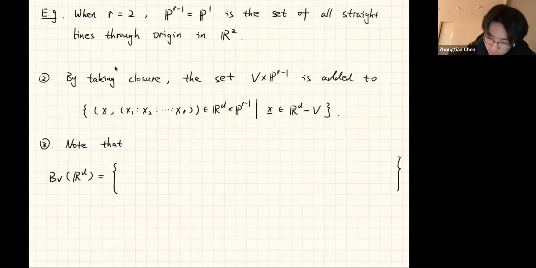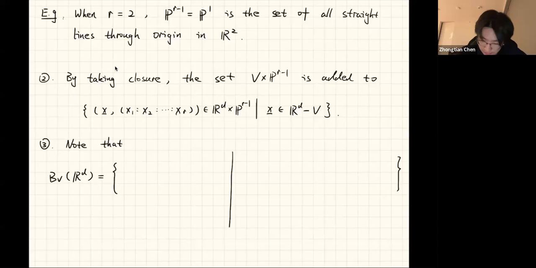When R equals 2, this will be the set of all straight lines through the origin. If R is equal to 2 and our center V is the origin, then for each point outside of the origin we attach to it its direction, which is a point in the projective space.